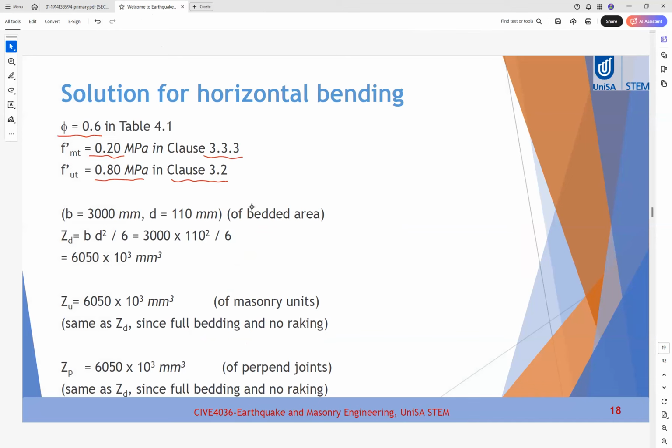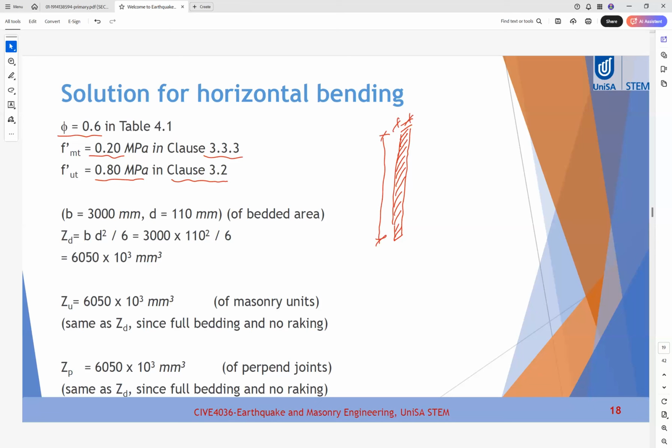Then how much is ZD? ZD is based on B and D. If our wall is under horizontal bending, this is the bedded area.